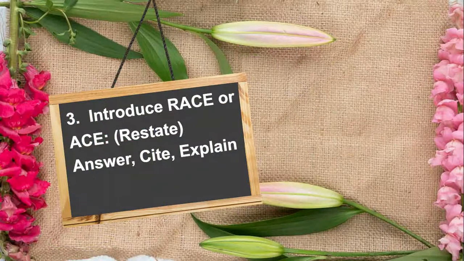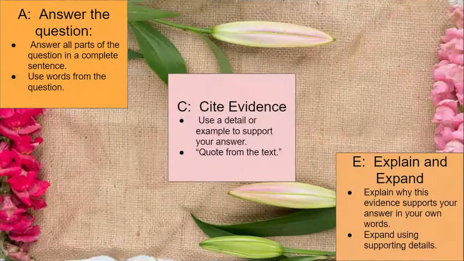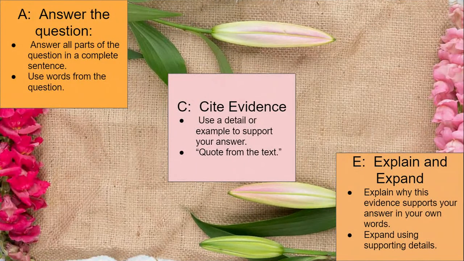Number 3, introduce RACE or ACE. The R stands for restate, answer, cite, and explain. Let's go over the ACE acronym. A stands for answer the question. Answer all parts of the question in a complete sentence.